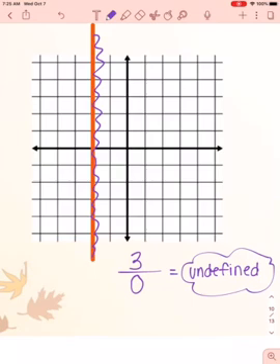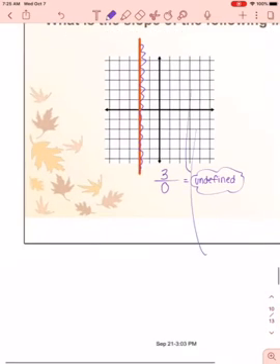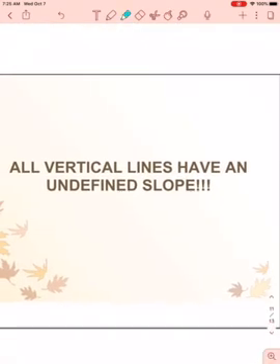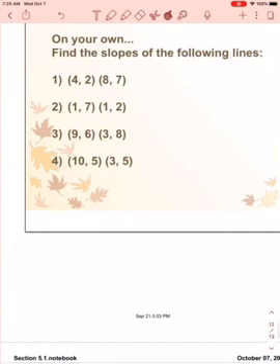Your vertical line is so difficult because it's straight up and down. It's like trying to climb up a wall without any assistance. That's so steep that you can't even put a number to it, so that's undefined. So 0 on the top, slope is 0, 0 on the bottom, your slope is undefined. So vertical lines have a slope that is undefined.